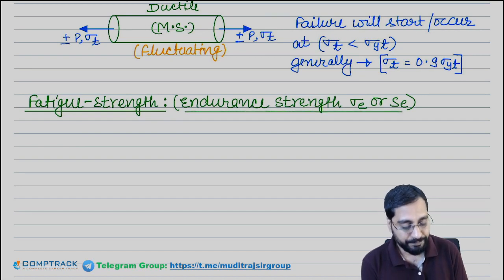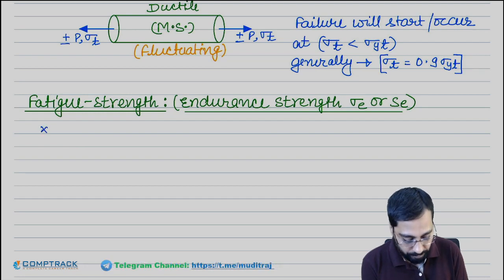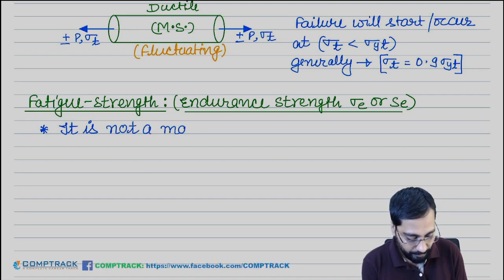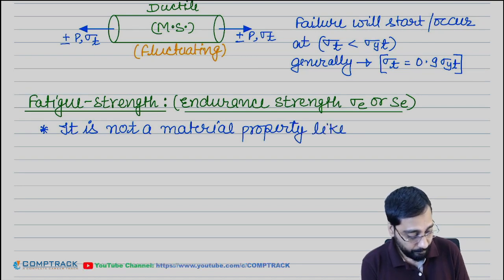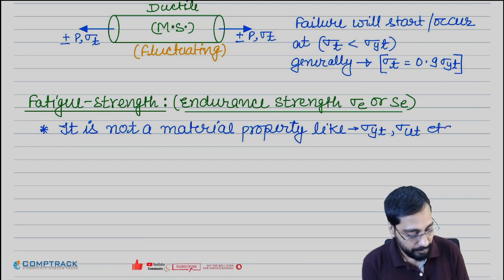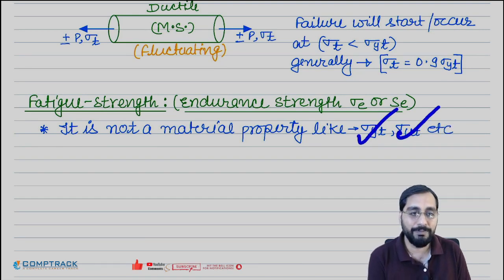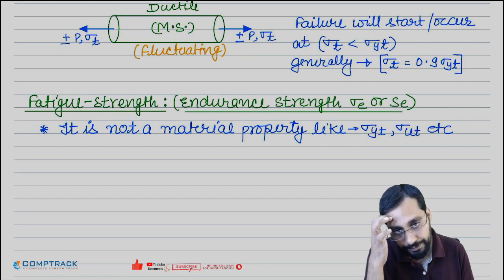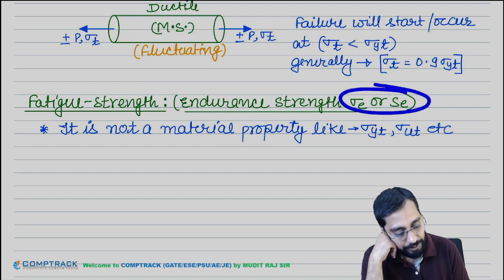First of all, write the first point: it is not a material property, like sigma yt, sigma ut, etc. These are material properties. These depend only on material. But this is not a material property.